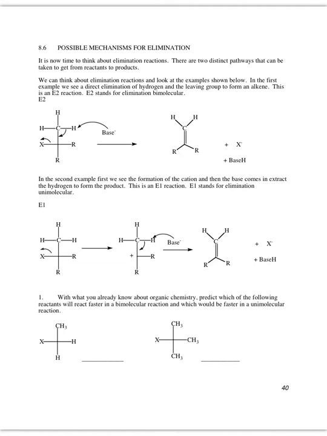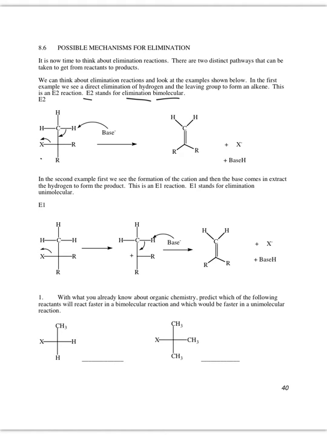So as in the last chapter, we had two mechanisms, the SN1 and the SN2. One could go through the direct substitution, the SN2, where you had substitution nucleophilic bimolecular. Here we have E2, where it's elimination bimolecular.